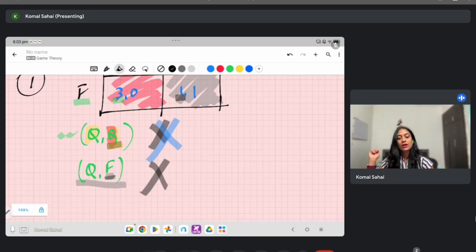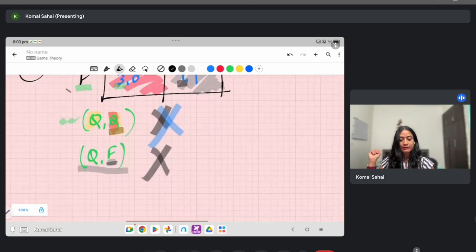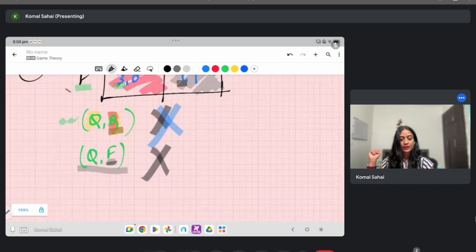Symmetric argument होगा when you have fink and quiet. क्योंकि इस case में if player 1 is finking, right, then it's better for player 2 to also fink, right? जो argument player 1 के case में apply हुआ वो player 2 के case में भी apply होगा, right? So even your fink and quiet does not qualify.